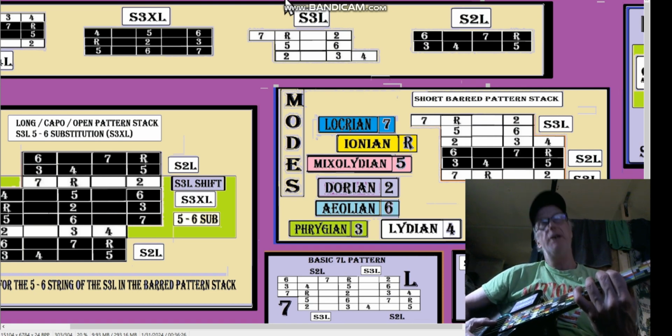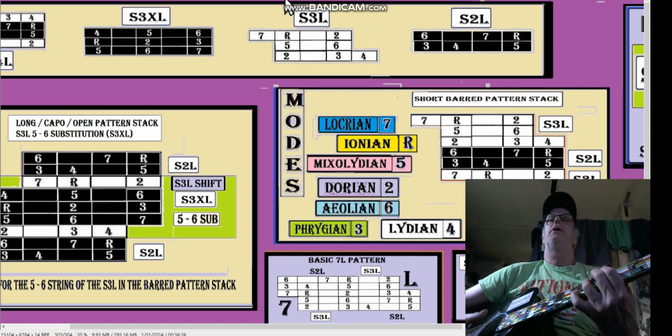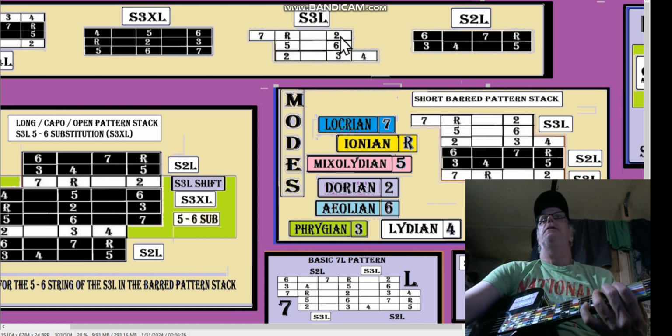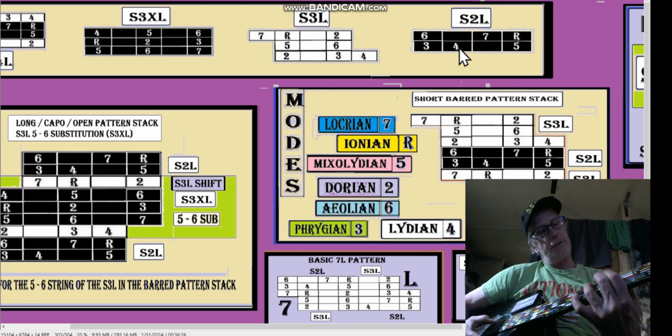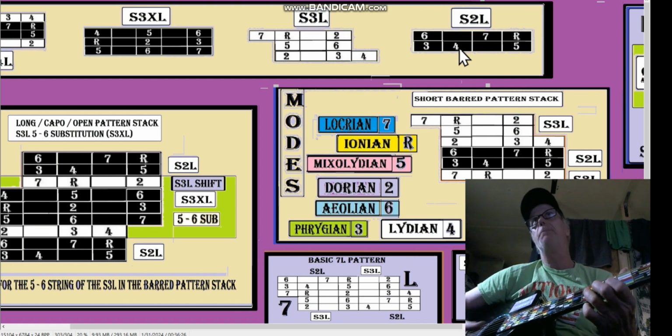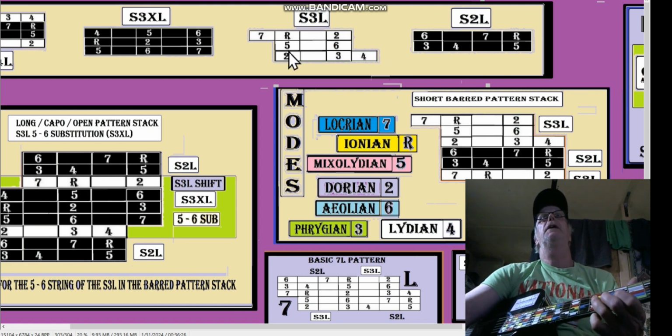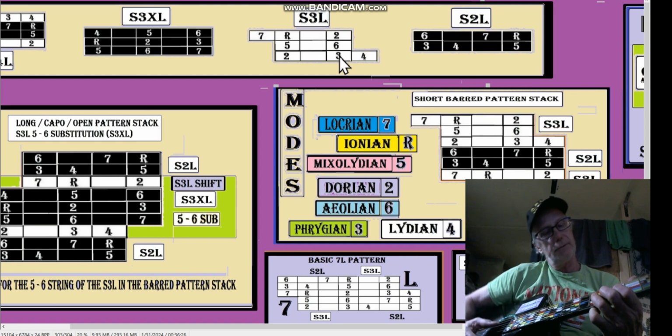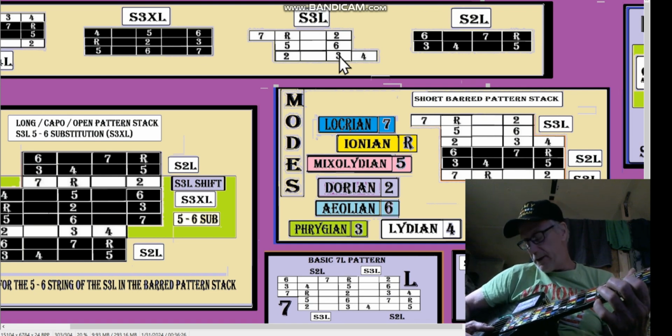The E shape starts with R2, R2 being just the top of this, then it goes into this one with R underneath the 4. So it goes R2, 3, 5, 6, root, and then right on top of the S2L you get the 2, 3 again.